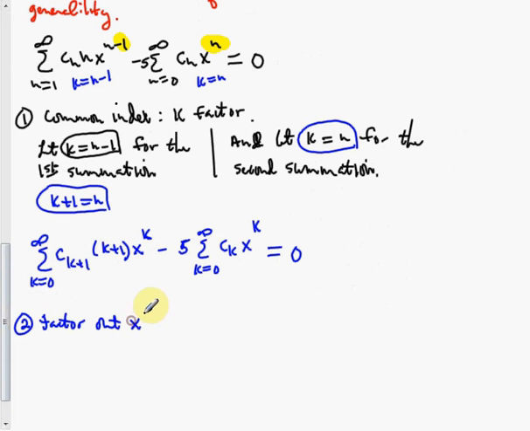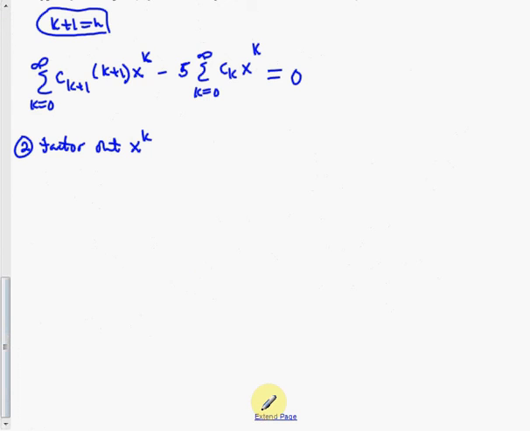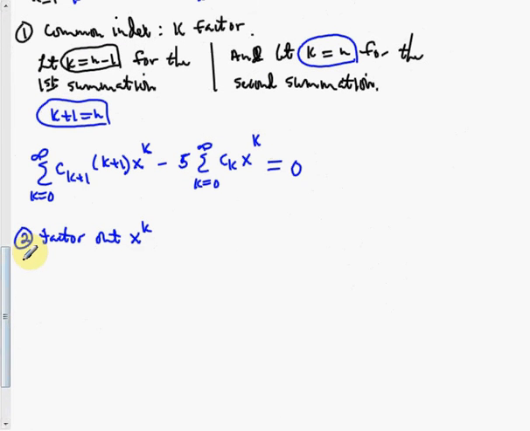out x to the k. Let me say factor it out. It's not actually going out, as you will see right here. This is what I have. Factor out x to the k and write all the summations as 1.